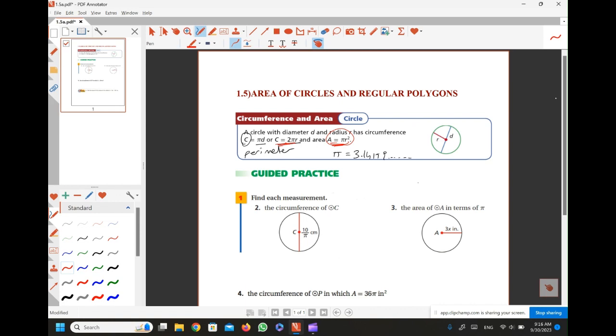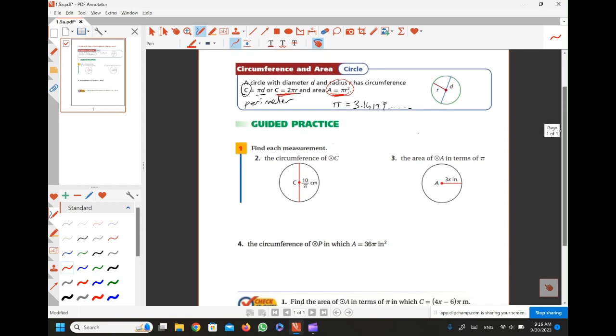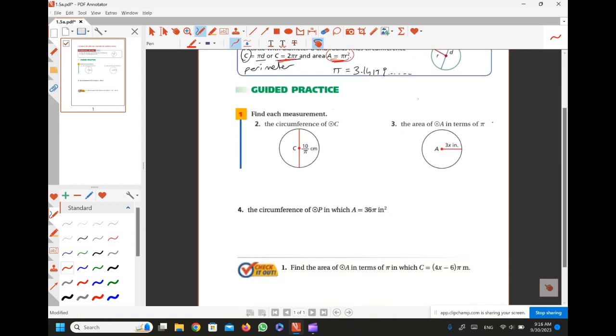So let's take a look at some examples. The first example we're going to look at is guided practice 1. Find each measurement. The question says find the circumference where this length is given. So what is that length? First we need to know this: is this length radius or diameter?